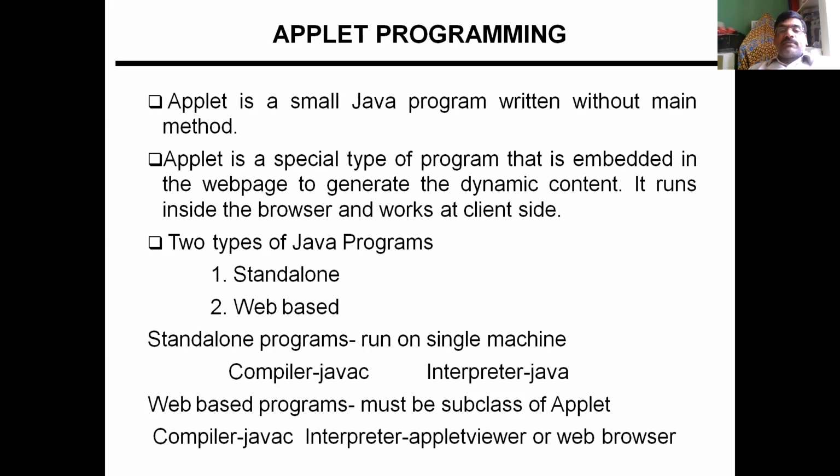Web-based programs are developed using applets or AWT or Swing. These programs are compiled using the Java compiler, javac, and executed or interpreted by using a web browser or an applet viewer tool.